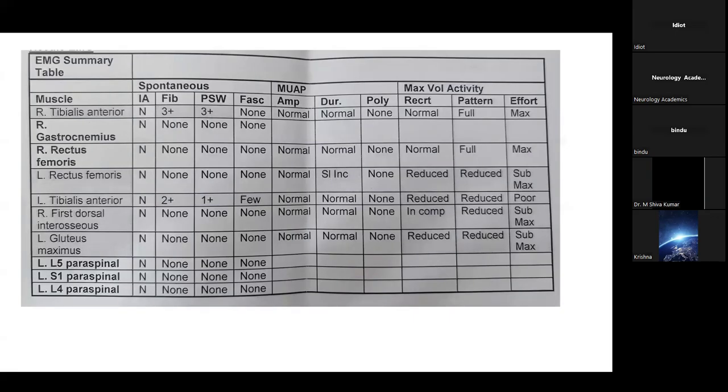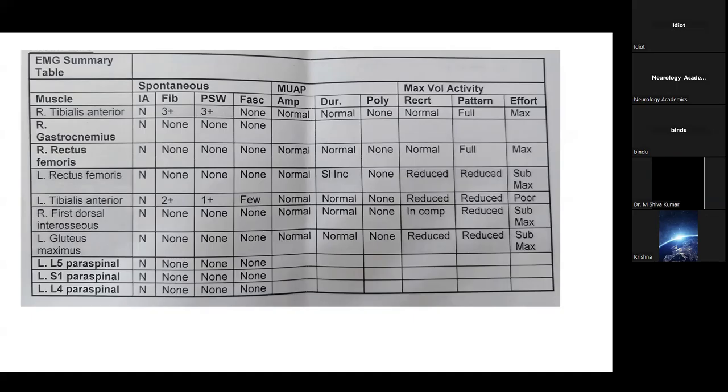On the left side, both upper and lower plexus are involved. Asymmetric proximal muscles are involved, more on the left side.